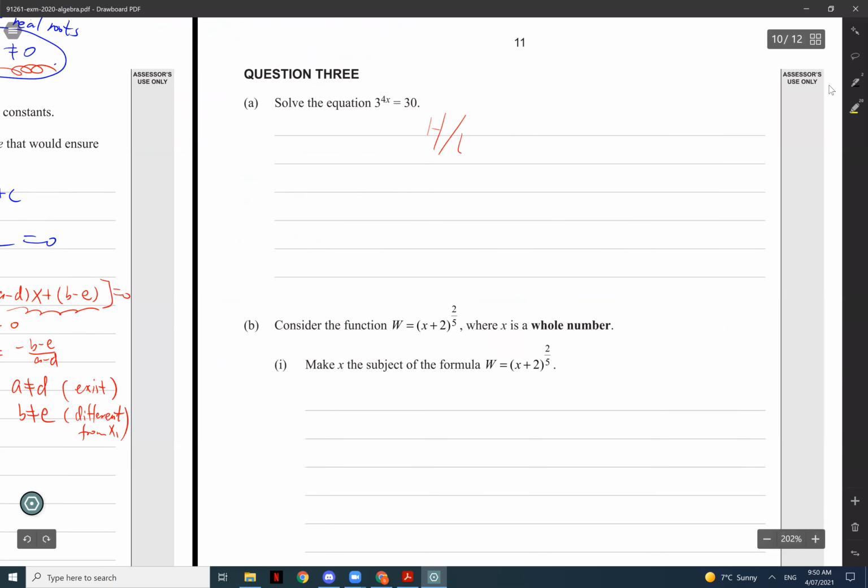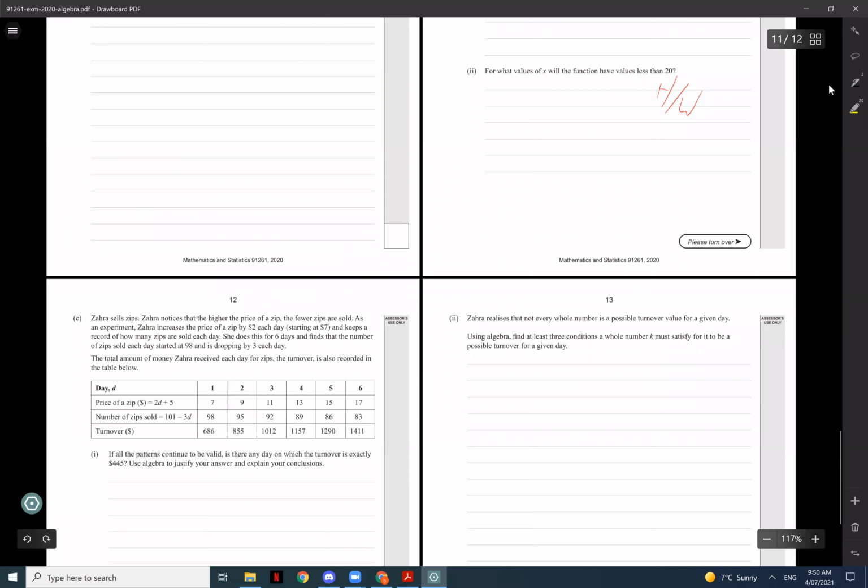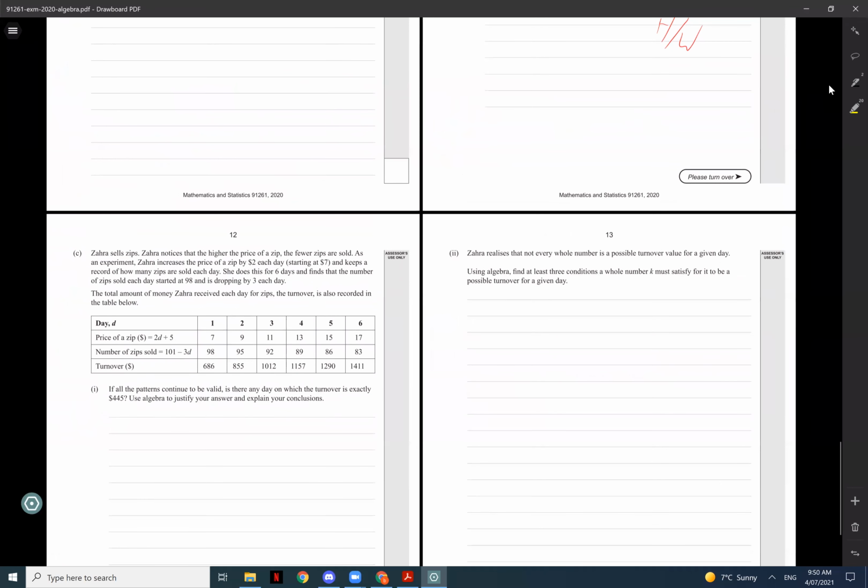The other one, homework. I'll post the answer in the WeChat group and Discord. We don't need to do this one, it's not a good question. In the future we can do it, but not today.